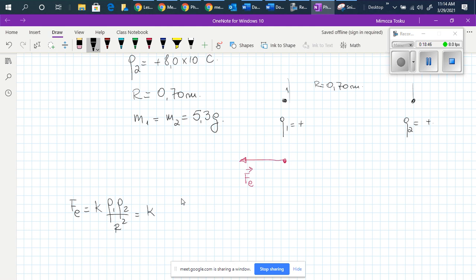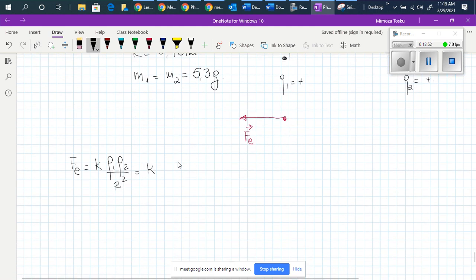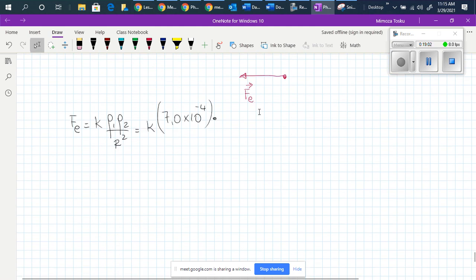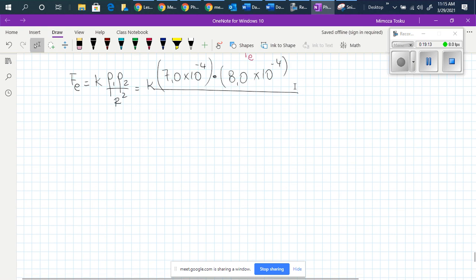So it is k times Q1, which is 7.0 times 10 to the power of -4, times 8.0 times 10 to the power of -4, over the radius 0.17 squared.